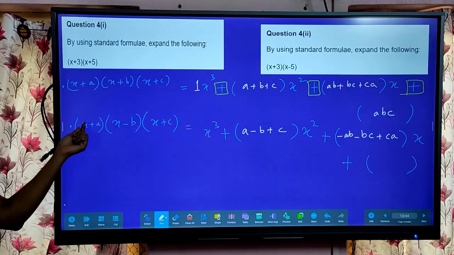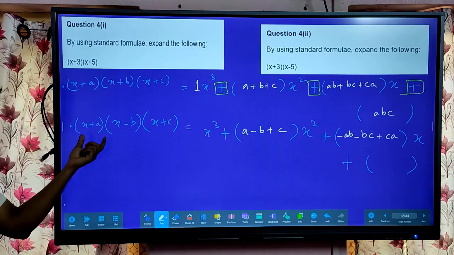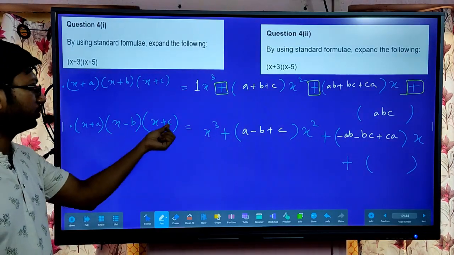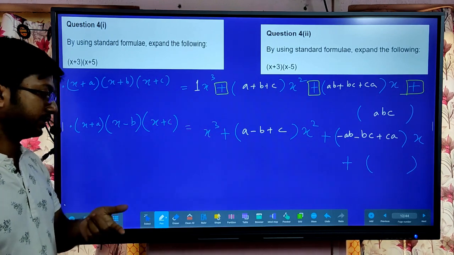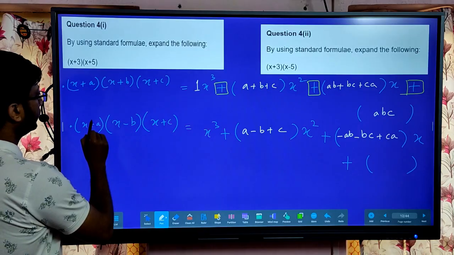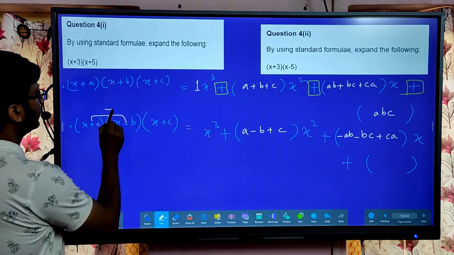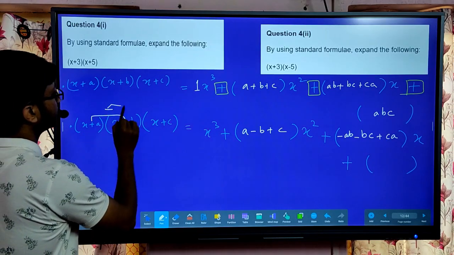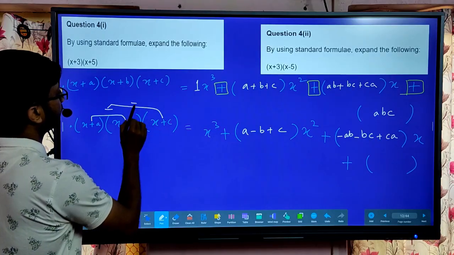And the third term product will be ABC, but the sign will be plus into minus is minus, and minus into plus is minus. Okay, you see the sign, plus into minus will be minus, and again minus into plus will be minus.